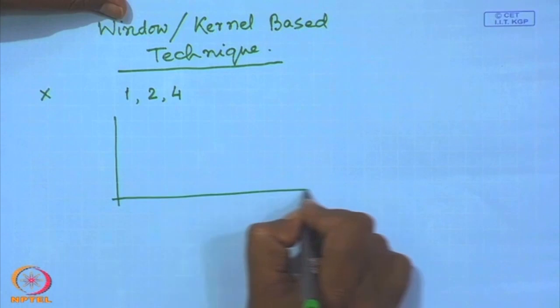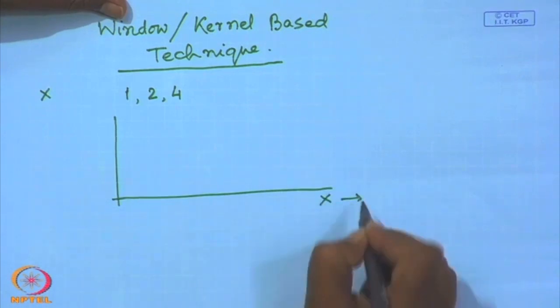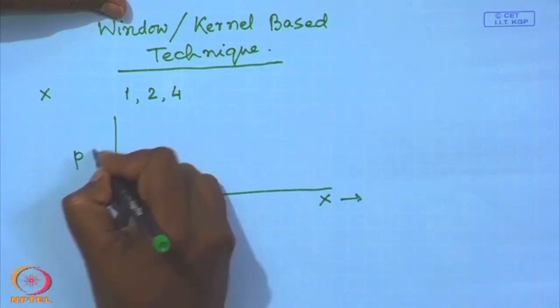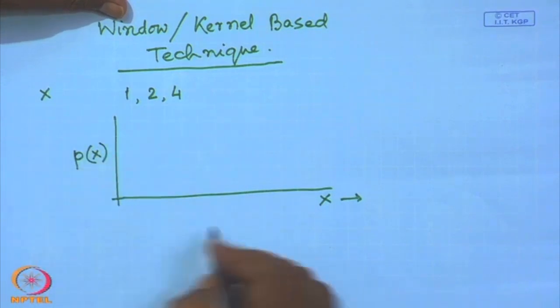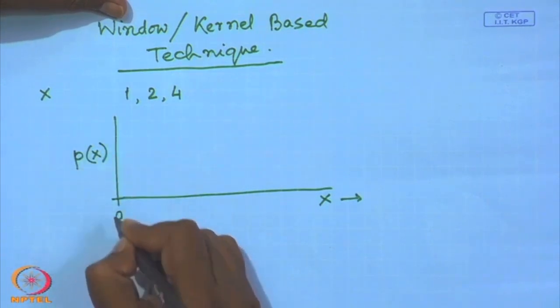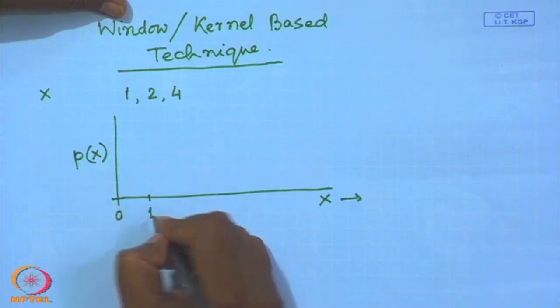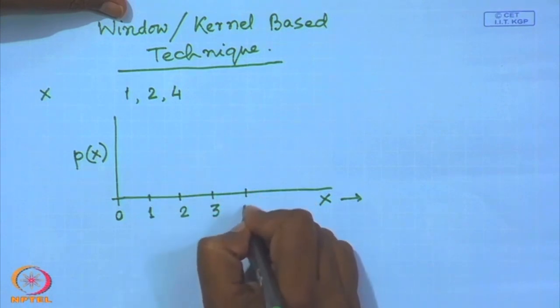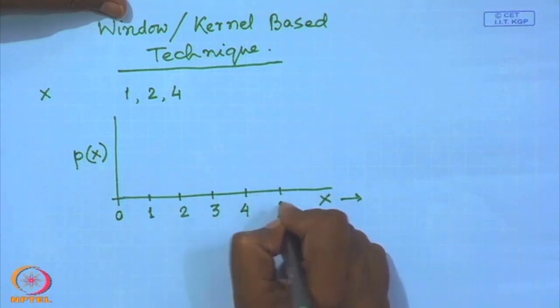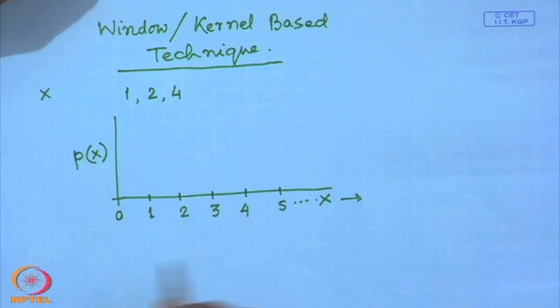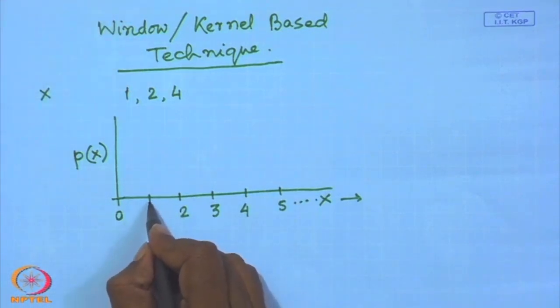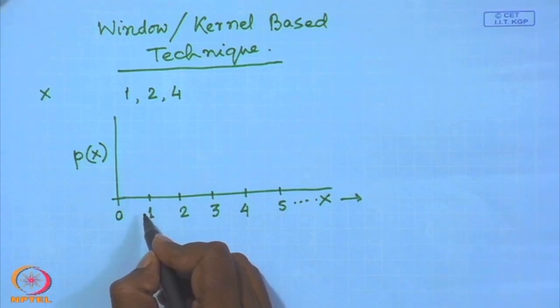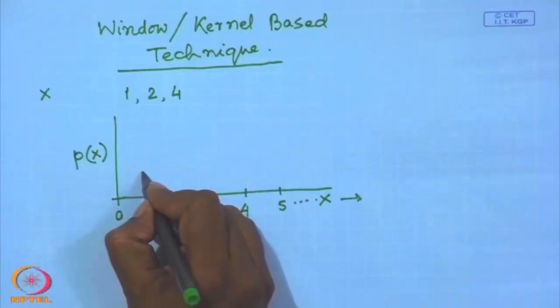So, I have a situation something like this. I have this variable x, and on this axis I put probability of x, and I have x equal to 0 here, x equal to 1 here, x equal to 2, 3, 4, 5 and so on. Here you find that a sample at location 1 gives a probability density estimate which is a delta function, something like this.